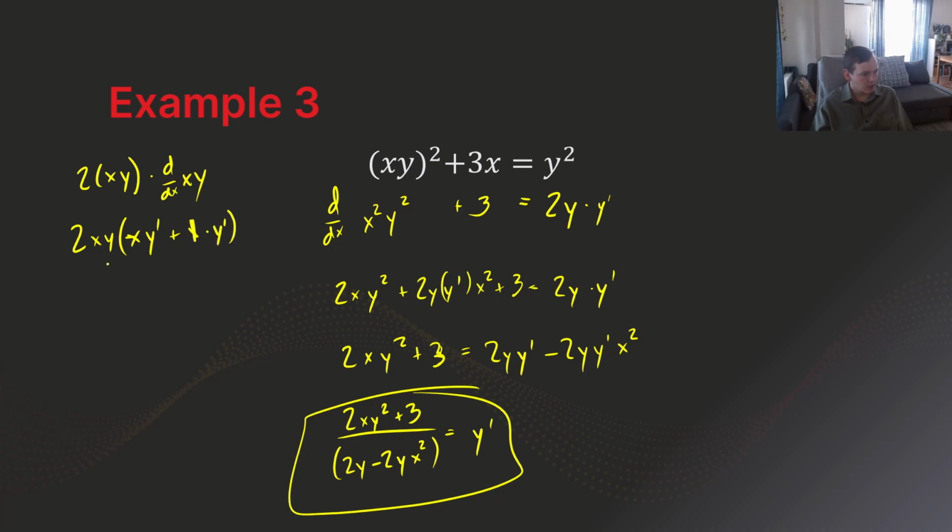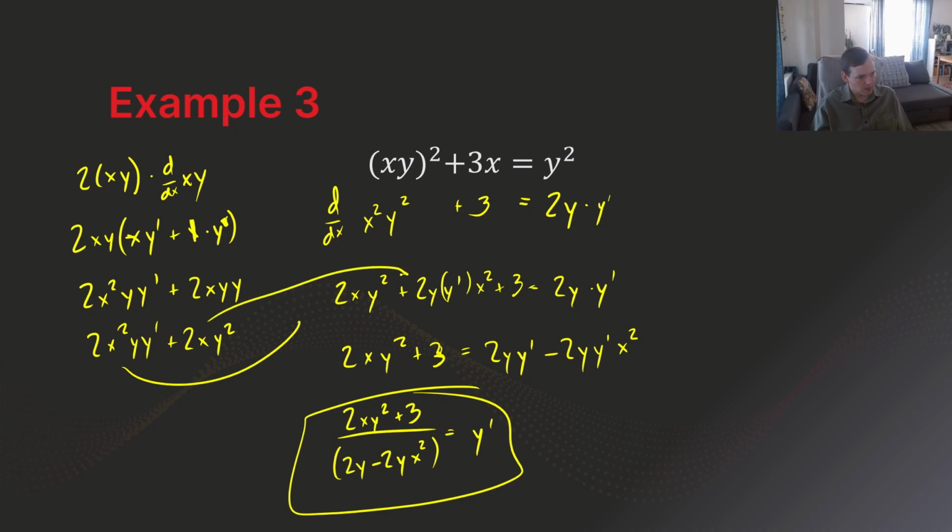And if I distribute that, I get 2x squared y prime plus 2xy. Sorry, this should not be derived because it should be the power rule, so 2yy. So 2x squared y prime plus 2xy squared, which you see are the same as those two there.